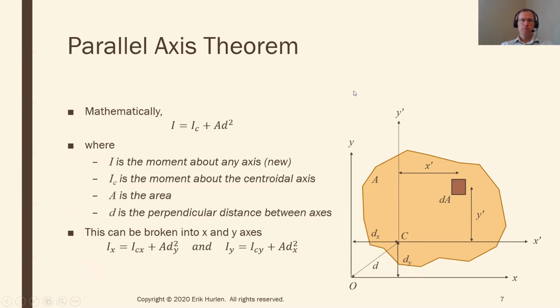And so mathematically, my new moment of inertia, I, is my old moment of inertia, I_C, plus the area of my object times the distance squared. And again, this distance is the perpendicular distance between the two axes, between this axis and that axis is what this d represents.